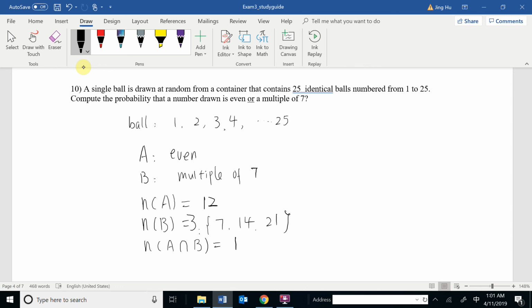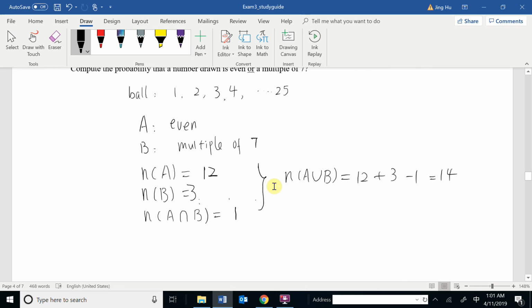So now let's erase here. We get A or B, so even or multiple of 7. A union B, we count 12 plus 3 minus 1, which is 14. So it's 14. And let's do the probability.